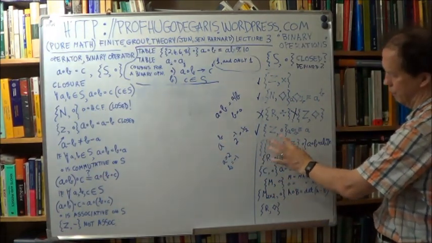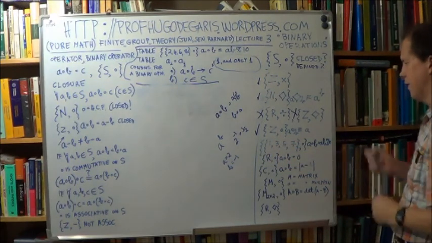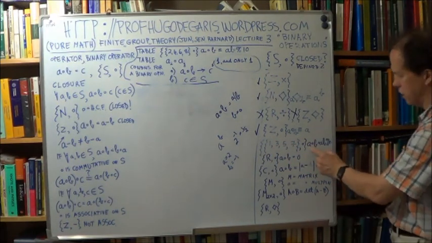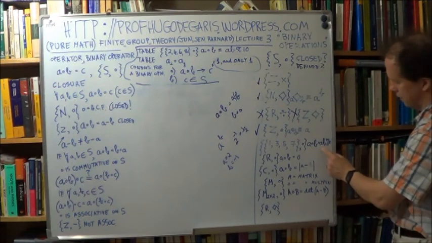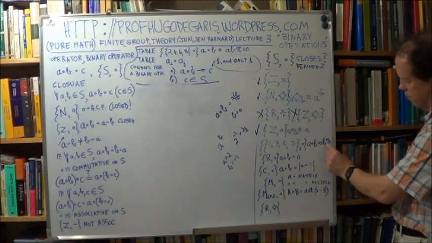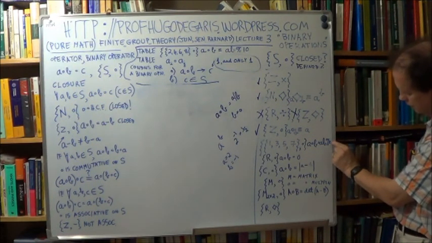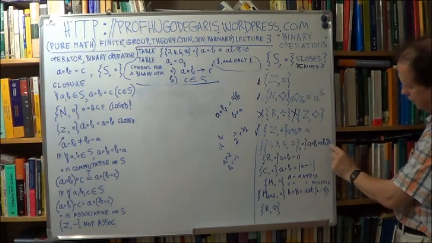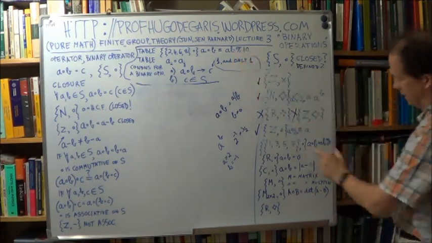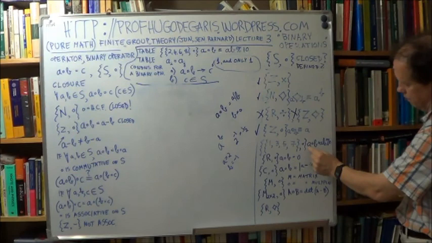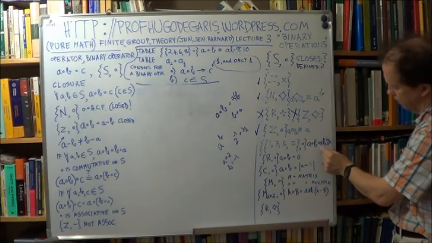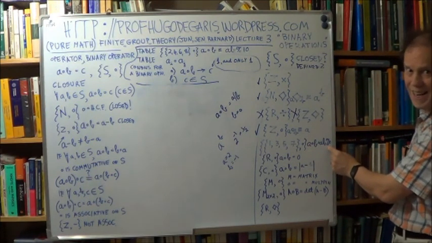Now your set is 4 integers, 1, 3, 5, 7. And the binary operation is the same as here. So it's just the product mod 10. You probably can't see the 10. It's probably a bit small here, but it's the same as this. So take your ordered pair, multiply them, and then mod by 10.